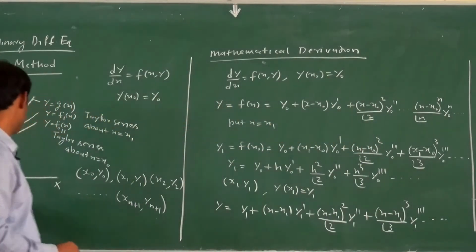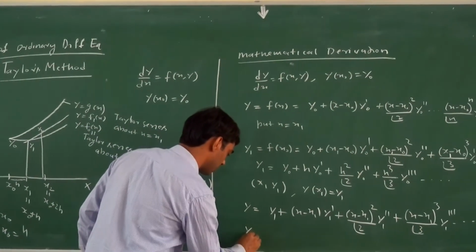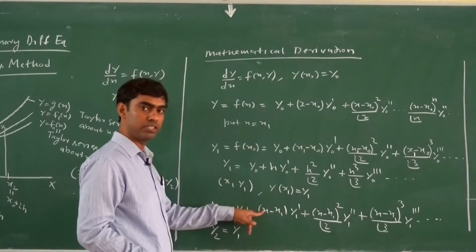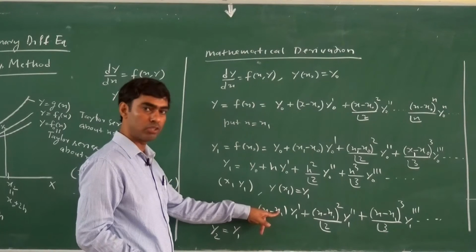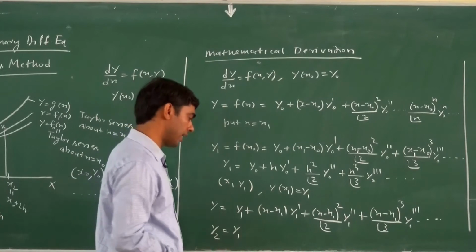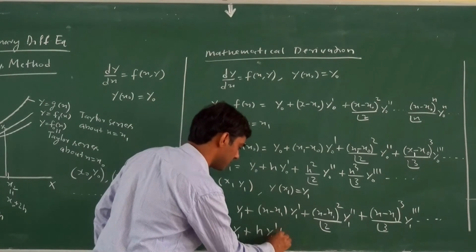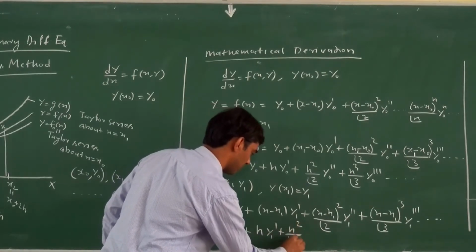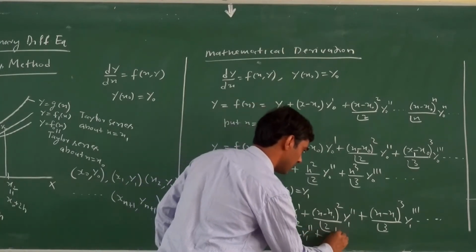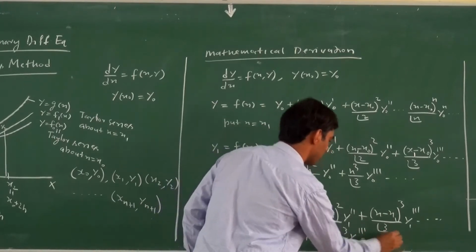Now we put x equal x2 to find the value of y2. So this becomes y2 equals y1 plus, with x2 minus x1: x2 becomes x0 plus 2h and x1 becomes x0 plus h, so if we subtract, this becomes h. So this becomes h y1 dash plus h square upon factorial 2 y1 double dash plus h cube upon factorial 3 y1 triple dash, and so on.